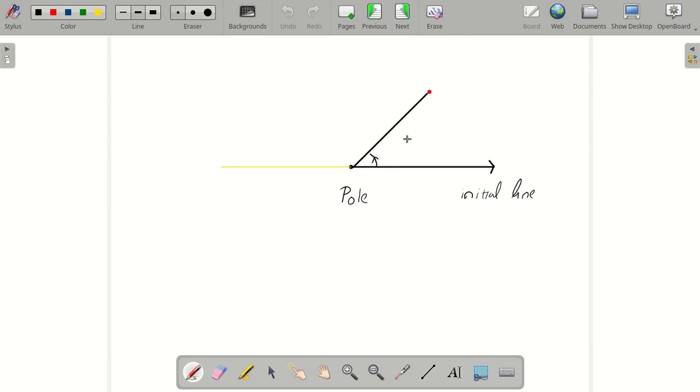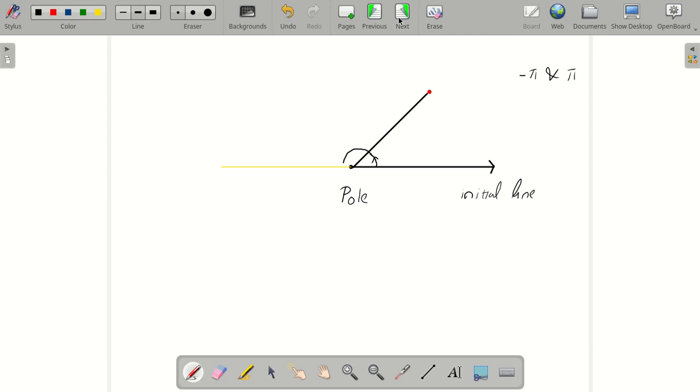And always remember, when we convert a complex number in the Cartesian system to the polar coordinate system, the angle should be maintained between minus pi and pi. So normally what we do is, whenever we have a point above the initial line, that means in the Cartesian system it will be either in the first quadrant or in the second quadrant, we will go for the positive angle. That means we will move in the anti-clockwise direction.